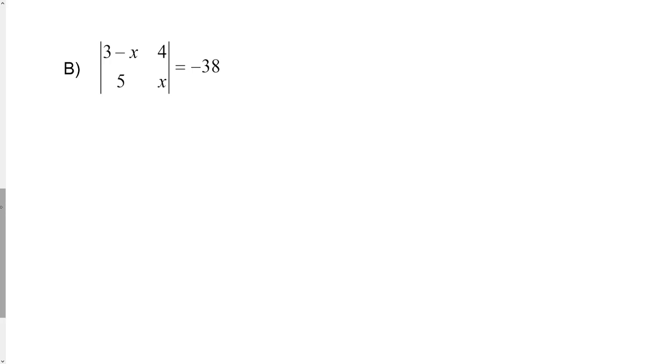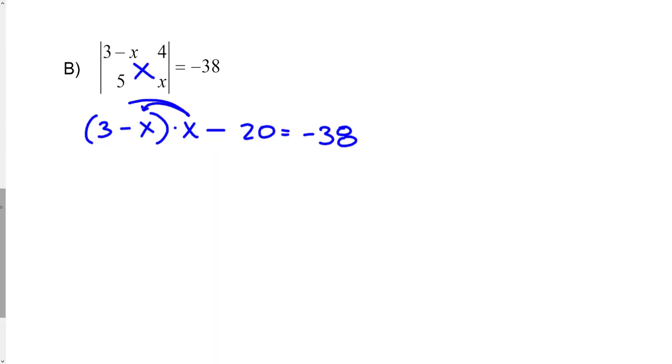So let's see what happens. I would need to multiply 3 minus x times x minus 4 times 5, which is 20, and that's equal to negative 38. When I distribute the x into these parentheses, I'm going to have 3x minus x squared, and then minus 20 equals negative 38.